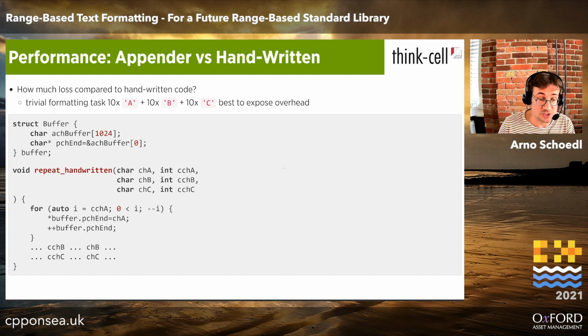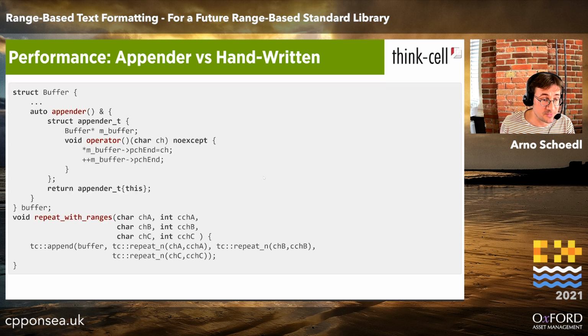The most trivial way to do this would be an unrolled loop, and this is our straw man. You just have a buffer. The buffer is a fixed buffer. It doesn't do any allocation, and you have a handwritten loop that just writes 10 A's, 10 B's, 10 C's into that buffer, and that's probably the very fastest way you can do this. And the compiler can easily do any optimization it likes.